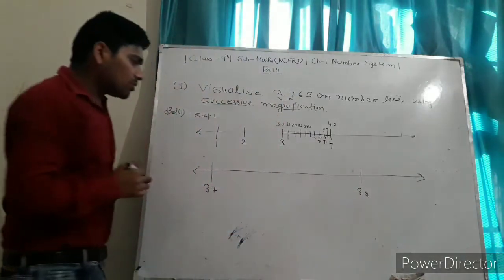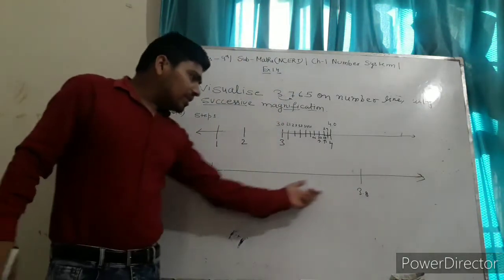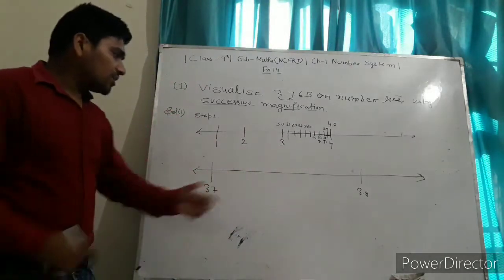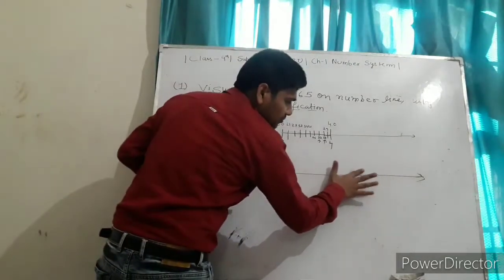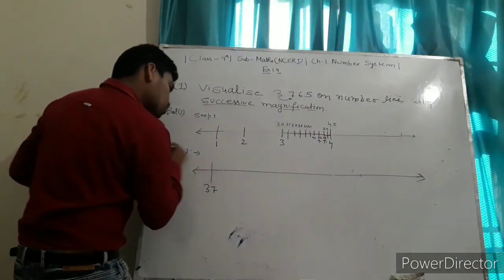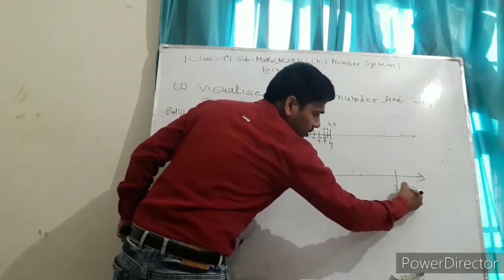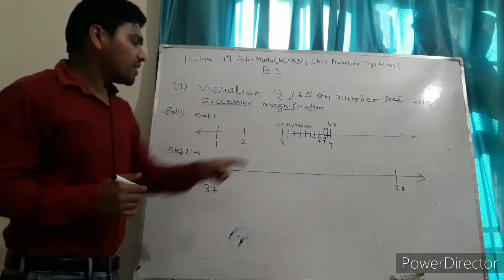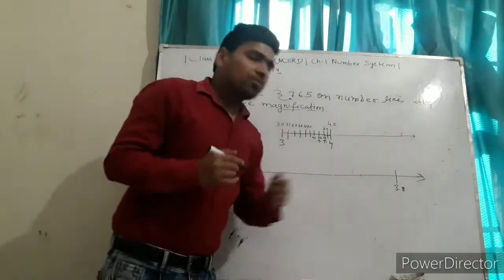Now what to do? In step 2, I will equally divide this into 10 equal parts, because I know this number will lie between 3.7 and 3.8.